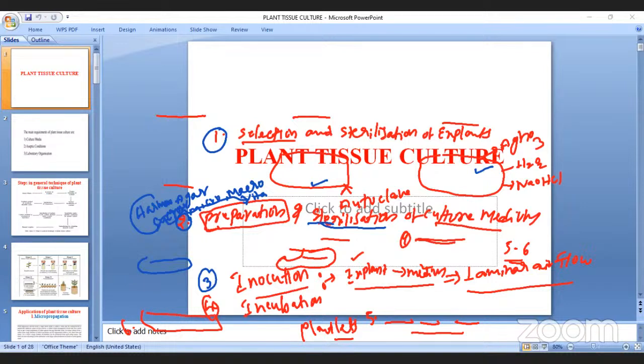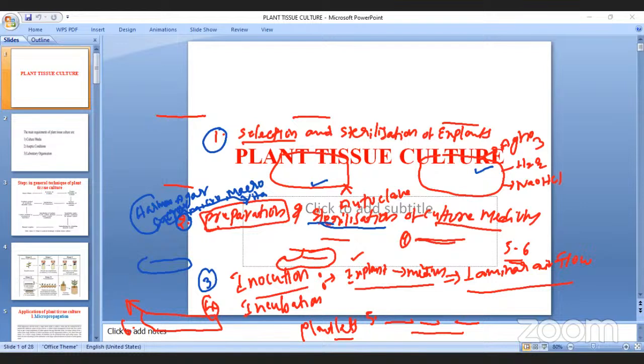These are the plant techniques. After the greenhouse, they are transferred and planted in the outfield. That's it. So these are the main steps in plant tissue culture, right?